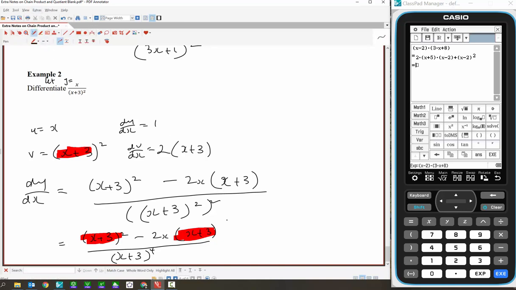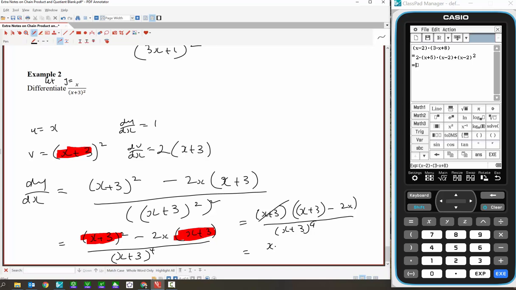You can kill the video now if you don't want to watch anymore. I'm going to go x plus 3 comes out as a common factor. X plus 3, take away 2x. And then that cancels with one of those.